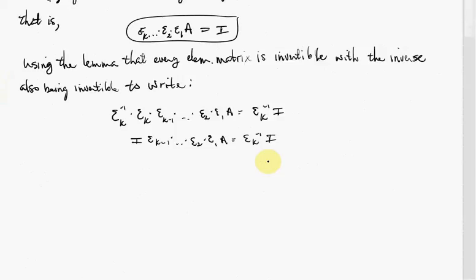Then I have a string of matrices multiplied on the right side, and they're all elementary matrices. So here this is E sub k minus 1. The identity times the matrix is just the matrix, so let me just write that, times E sub 2 times E sub 1 times A.